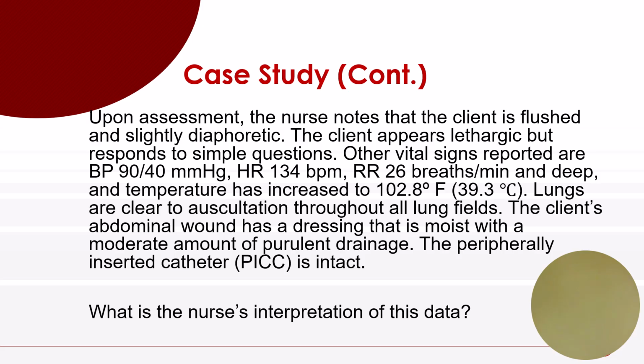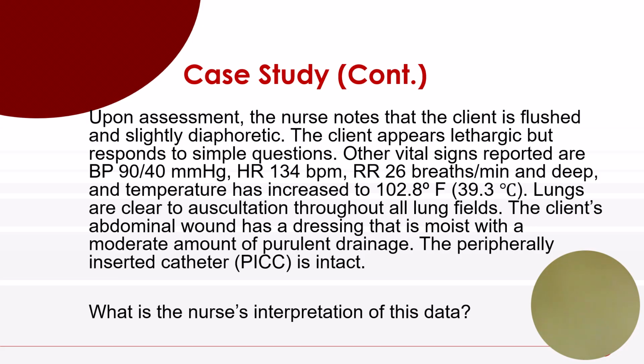The surgical dressing should not contain purulent exudate. And now we also have hypotension added on to that. So something more serious could be developing. This client could be becoming septic. So we need to really be looking at this client.